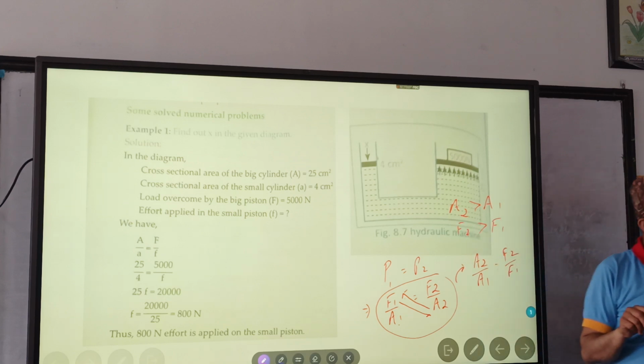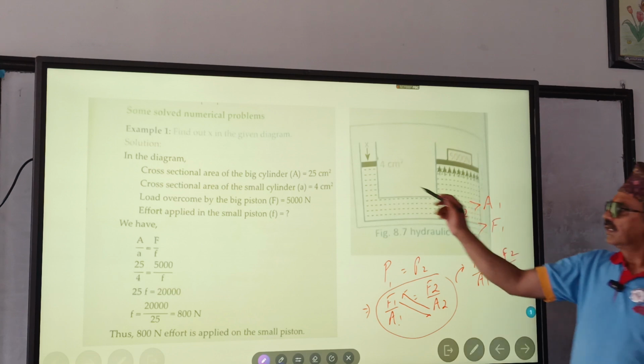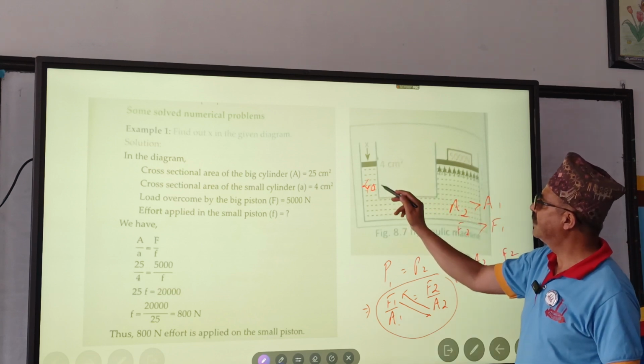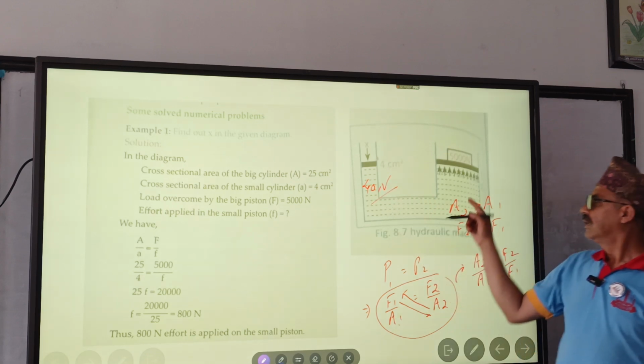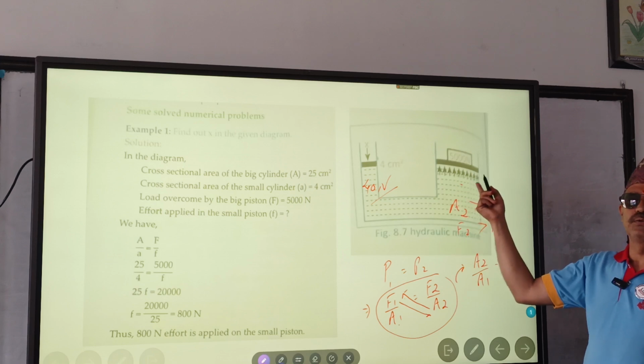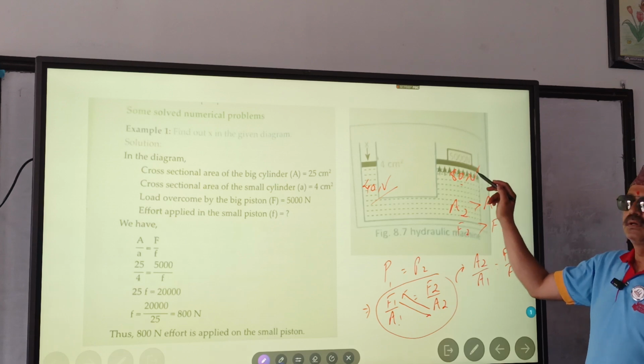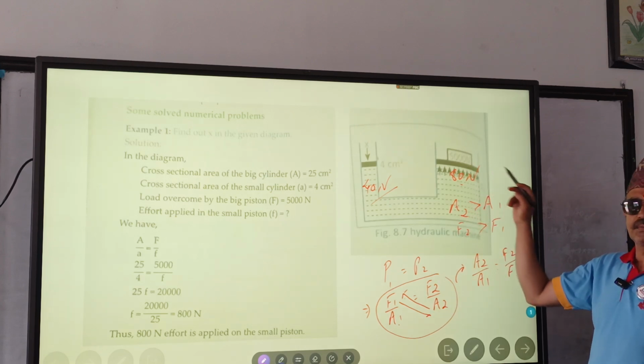So by the application of less effort, we can overcome more load. Suppose we apply 40 Newton effort here, how much load can be lifted? 40 Newton or more than 40 Newton? More than 40 Newton. Maybe 80 Newton or 200 Newton, something like that.